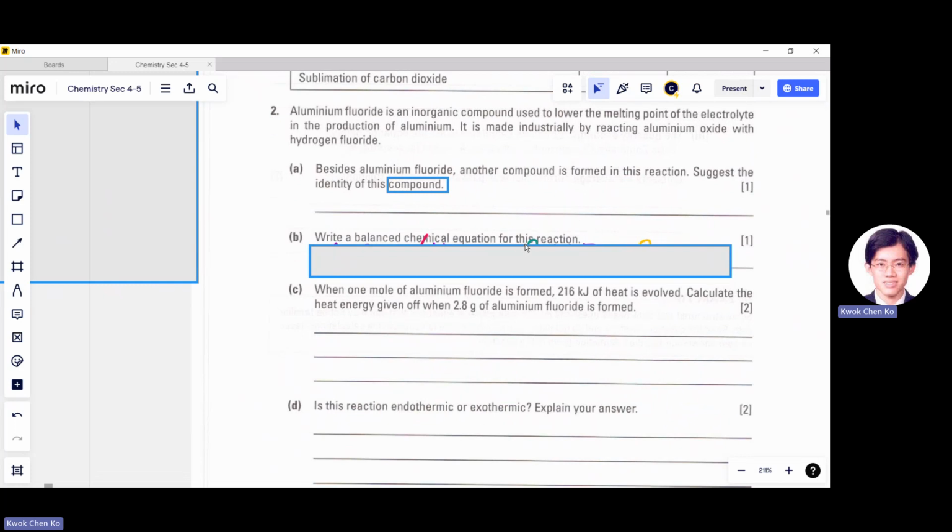So how many moles? 1 mole of aluminum fluoride gives out 216 kilojoules of heat. So find out how many moles is 2.8 grams of aluminum fluoride. This can come up once in a while, because there's no delta H here, so it can come out like that.